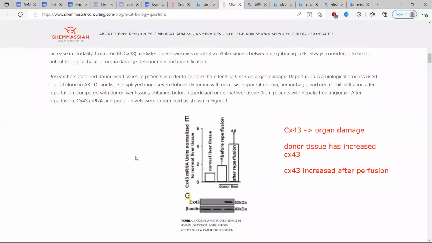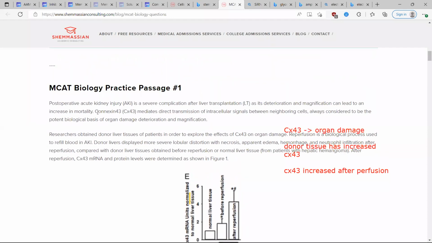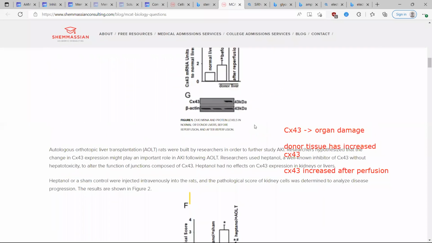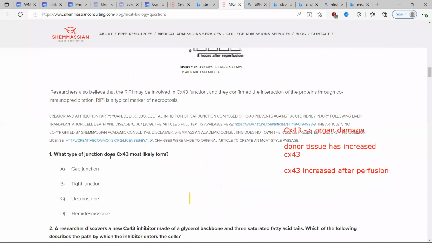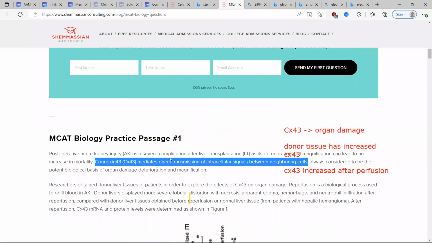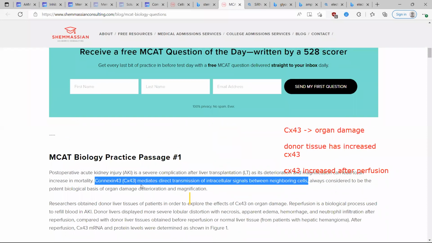What you need to do is pick out the keywords, the key sentences that allow you to answer certain questions based on your content knowledge, right? Because look at number 1. Number 1 was saying, what type of junction does CX43 most likely form? The only thing that you need from this passage is to look at what CX43 actually does and then connect it to your own knowledge of what a gap junction is, right?